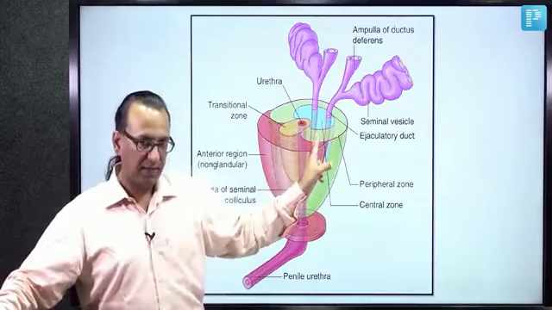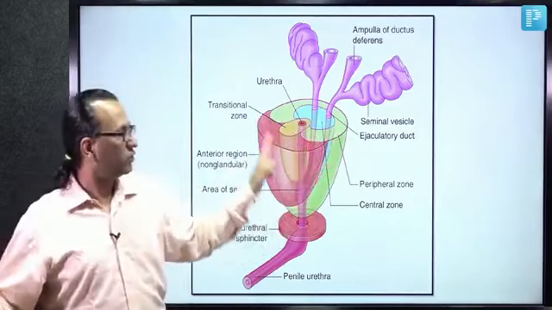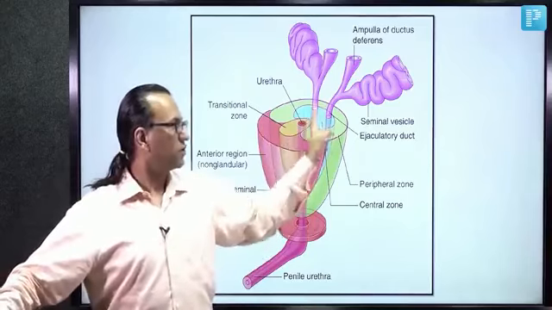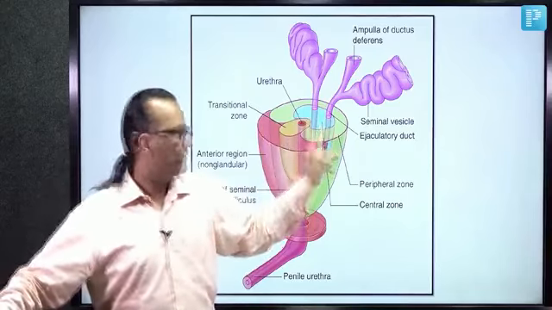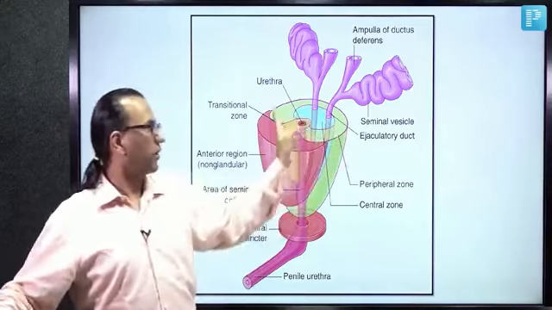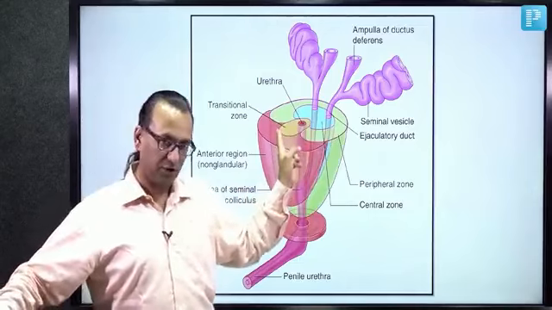Then there are zones like the anterior muscular zone, which is fibromuscular stroma, and usually detected with no pathology as such. And then there is a central zone also, which again presents with minimal pathology. So our focus usually remains on the peripheral zone because it is prone to cancer, and the periurethral zone because it is prone to BPH.